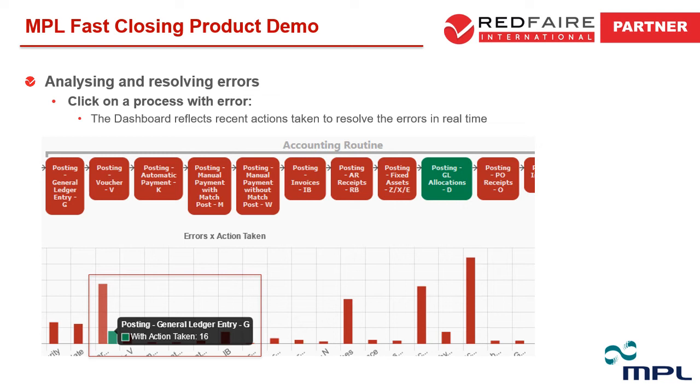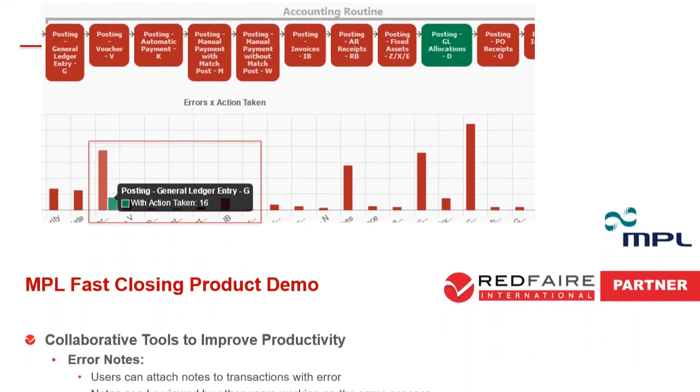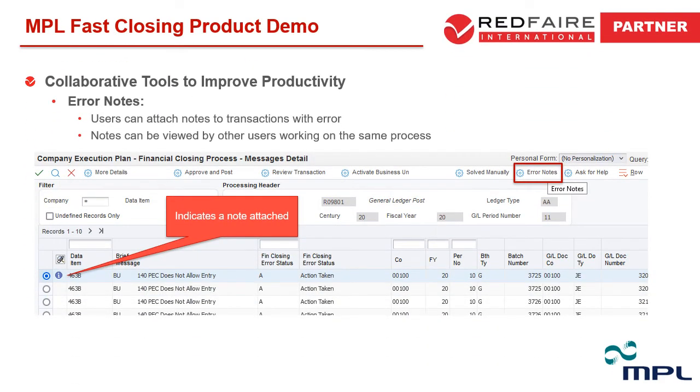I also want to show some additional features that help users to collaborate amongst themselves when they're working in the close. So the first one is error note, where you can attach error notes to a transaction with error, and that note will be available for any user working in the close process.